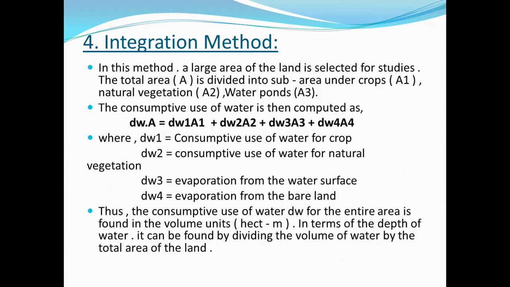Finding consumptive use with the integration method, the equation is dW equal to the total volume of water, dW1 multiplied by A1 plus dW2 multiplied by A2 plus dW3 multiplied by A3 plus dW4 multiplied by A4, divided by the total area of land. With this equation we can easily find the consumptive use, and this method is known as the integration method.